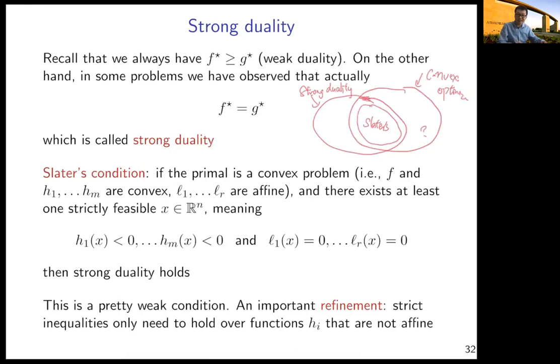So they are mostly technical reasons. In practice, at least based on my experience, checking Slater's condition gives you strong duality, and it's Slater's condition applied to your problem 99.9% of the time.